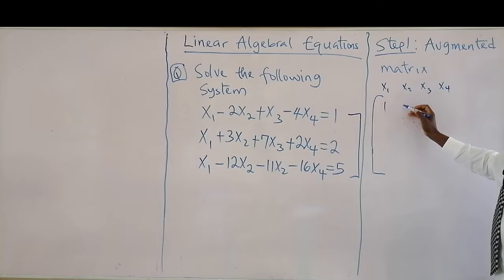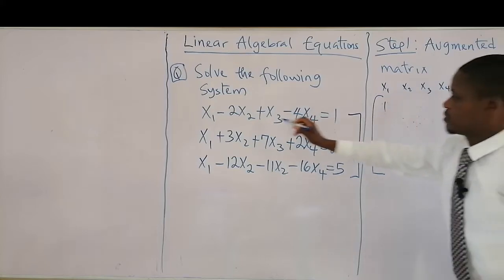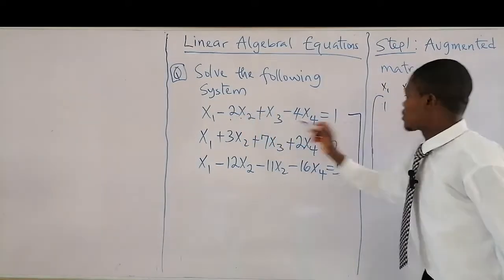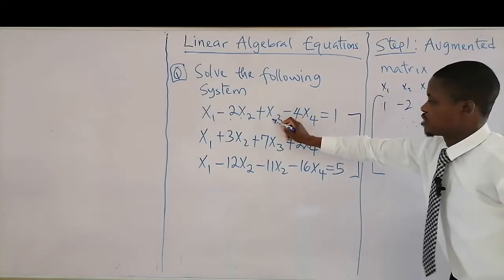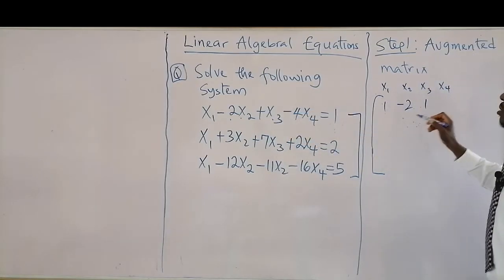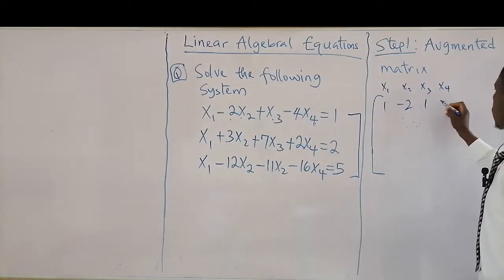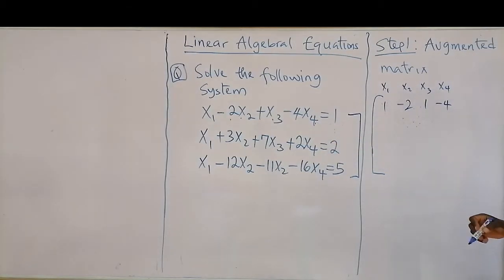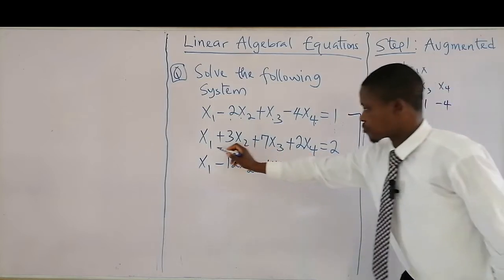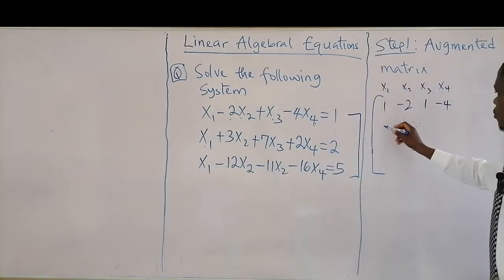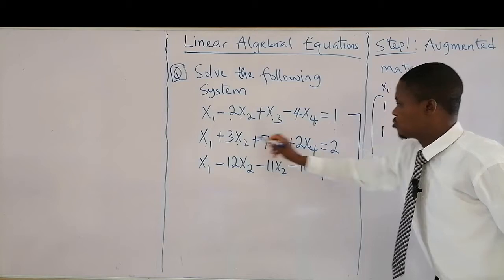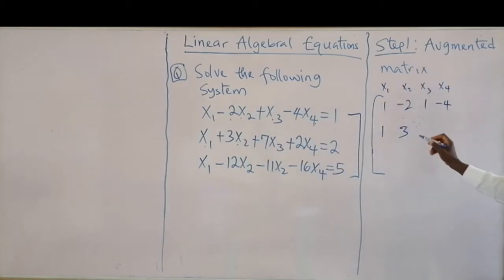For the first equation, the coefficient of x2 is minus 2, the coefficient of x3 is 1, and the coefficient of x4 is minus 4. We've done that. Then the second equation: the coefficient of x1 is 1, x2 is 3, then 7, then 2.